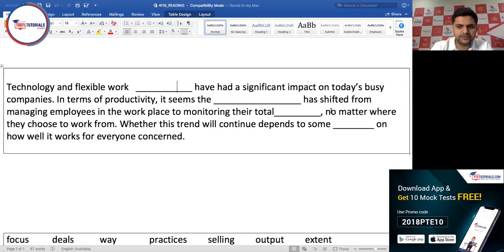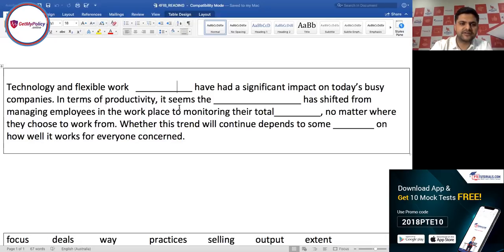What we get from this is that it does not matter where the employees choose to work from. So in terms of productivity, employees are free to work from any place.